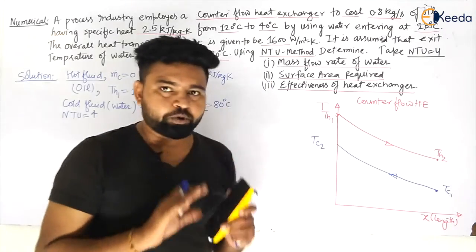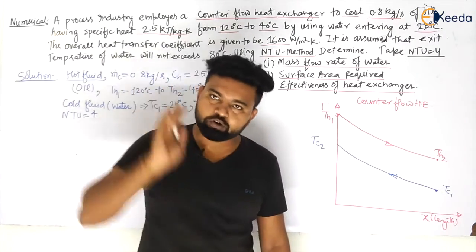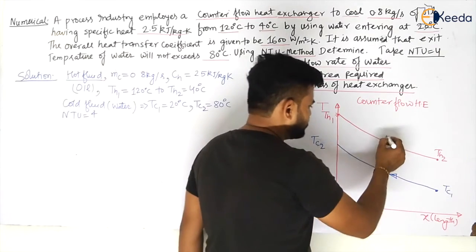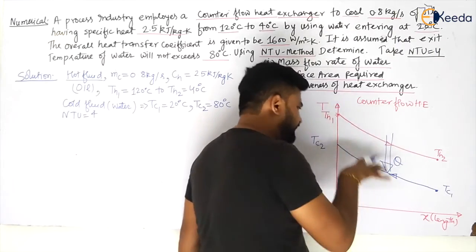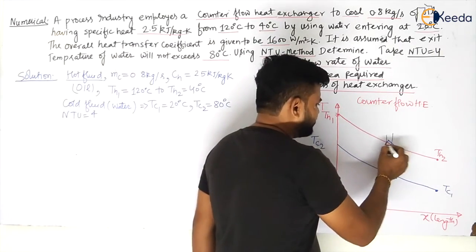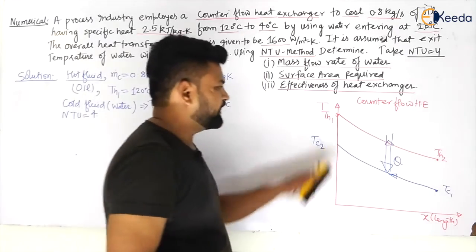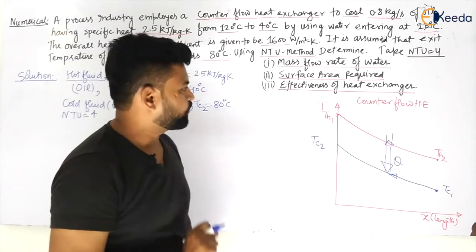So in this whole process, what will happen? The hot fluid will transfer its heat to the cold fluid. The hot fluid will give its heat to the cold fluid, and then the heating fluid will be cooled from TH1 to TH2, my dear students. That much is given.